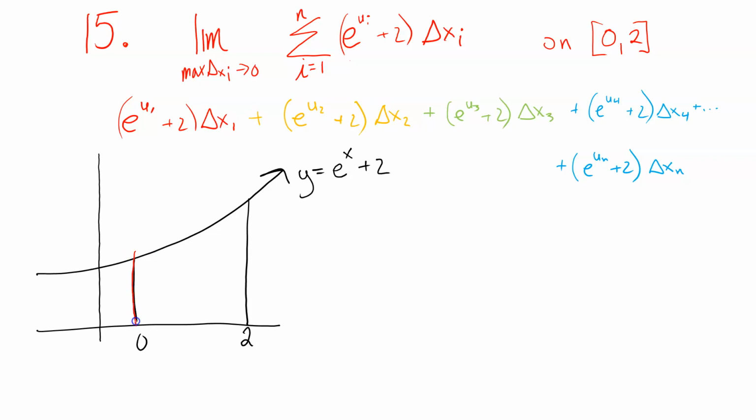So this red rectangle is just the first rectangle. Delta x sub 1 is the width of this rectangle, and u sub 1 is some x value where that height is found. So whatever u sub 1 is, we put it into e to the x plus 2, which is how we got this height.